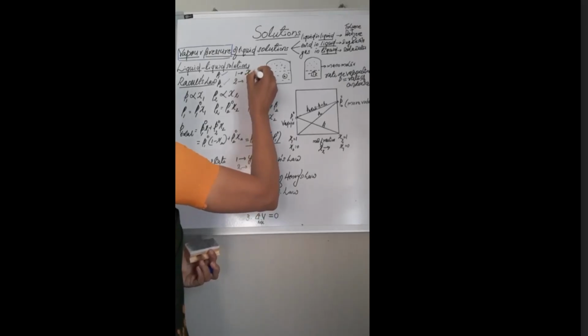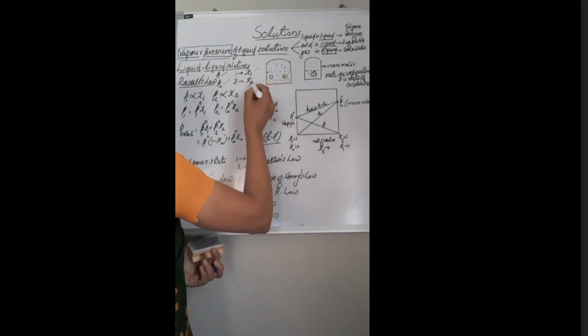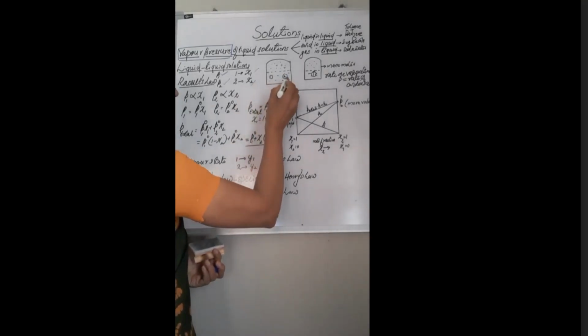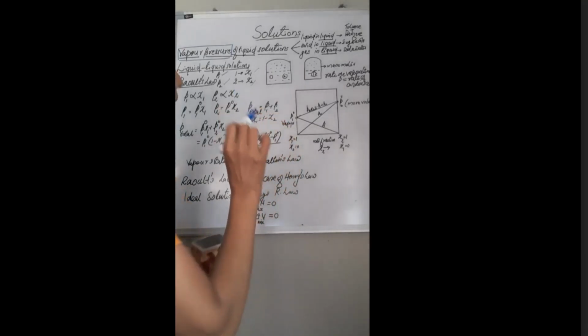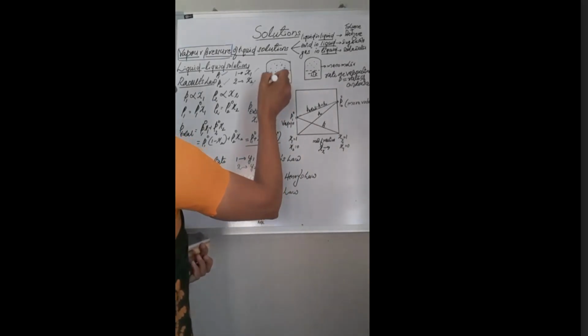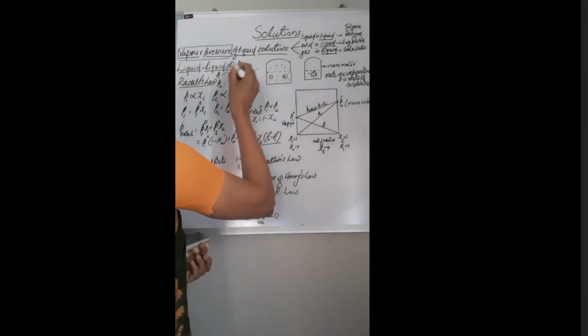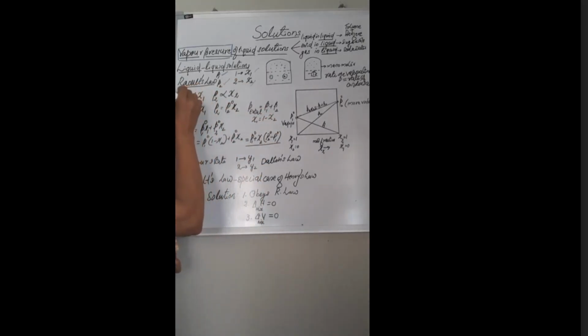Let P1 be the partial pressure of component 1 and P2 the partial pressure of component 2. Let x1 be the mole fraction of component 1 in the solution and x2 the mole fraction of component 2 in the solution. The quantitative relationship between the mole fraction in the solution and partial vapor pressure is given by Raoult's law.